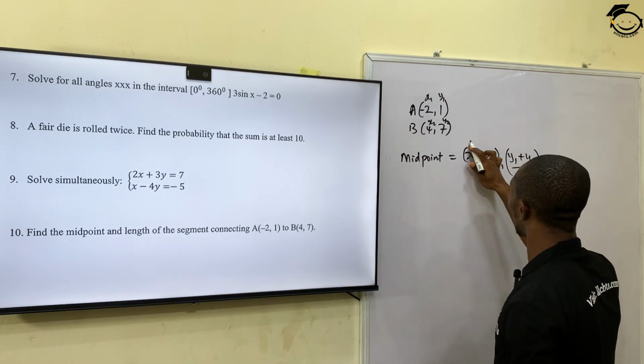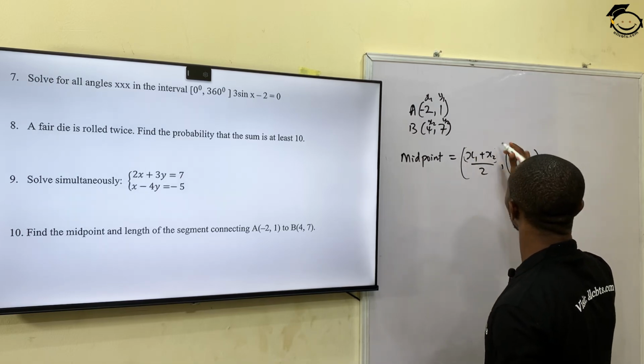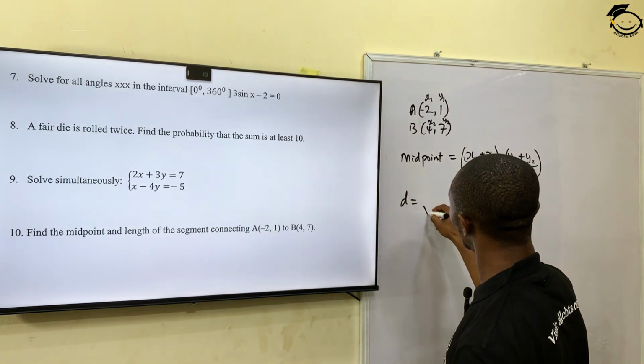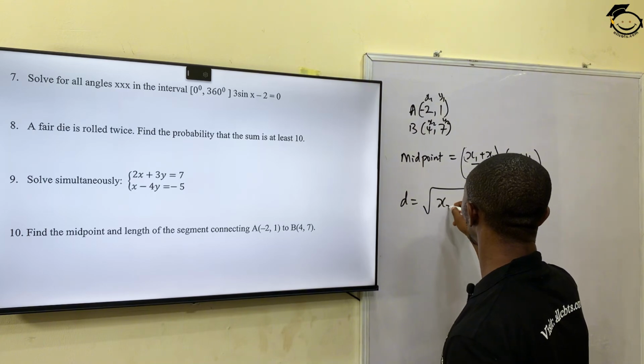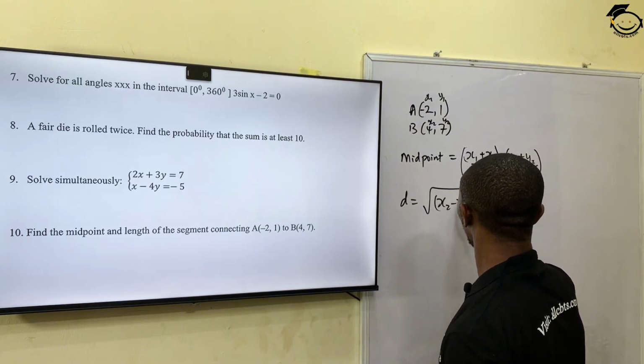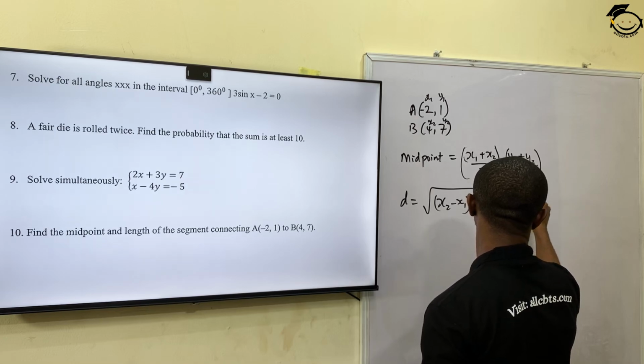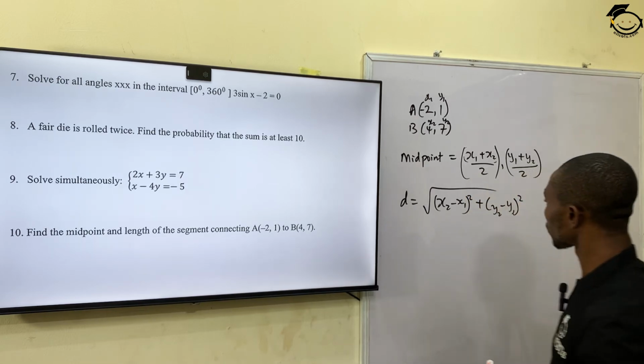And for our length, we have d equals root of x2 minus x1 all squared plus y2 minus y1 all squared.